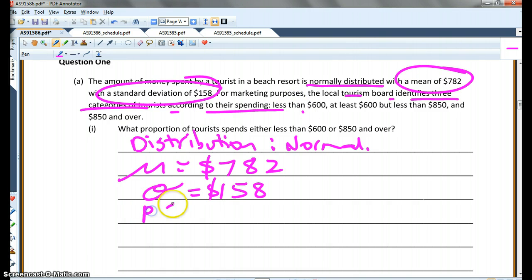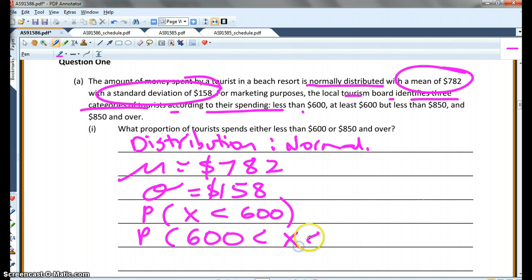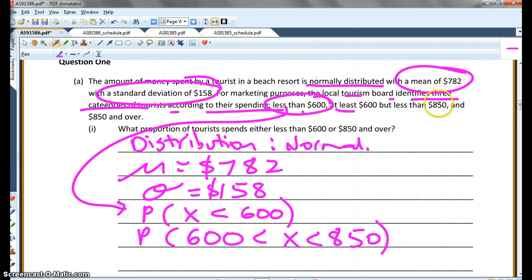We're looking at the probability that X is less than 600 is one category. The probability that X is between 600 and 850 is another category. So less than 600 is that one.